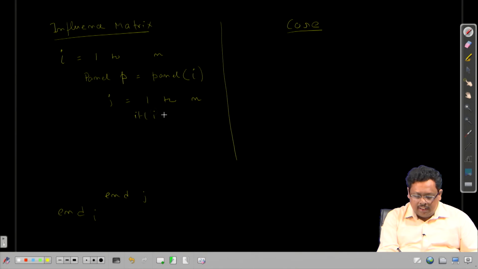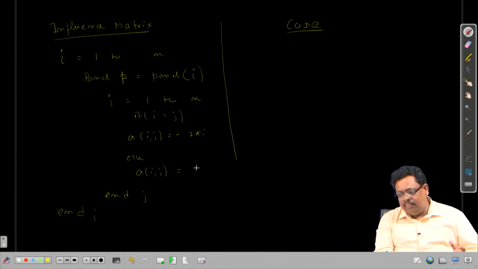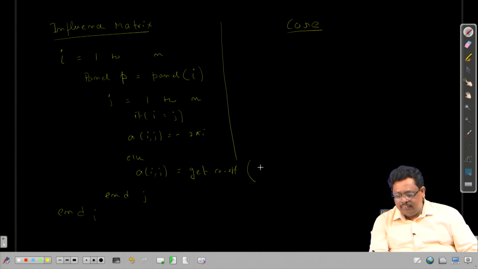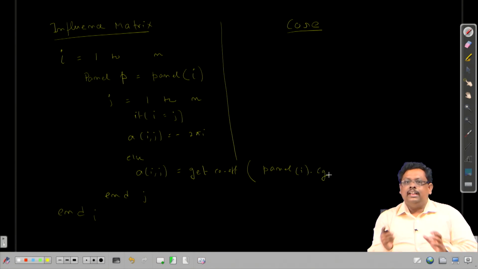If i equal to j, then your matrix entry A i j equals minus 2 pi, and else, here this is the thing, you call A i j, and you can write this equal to some function, let us call it get coefficient, and then you are sending your panel i, which is the source point basically, the centroid.